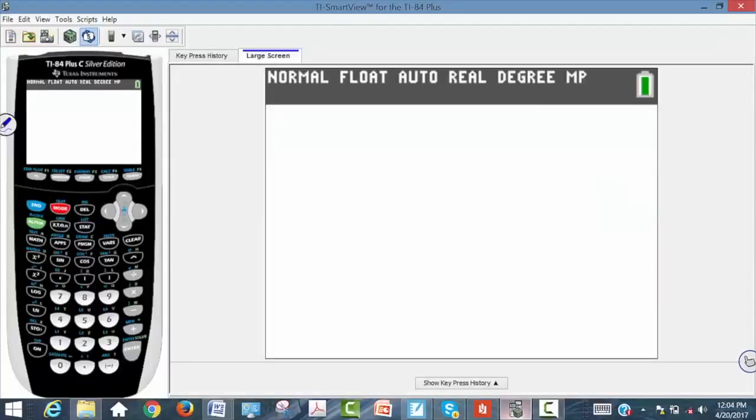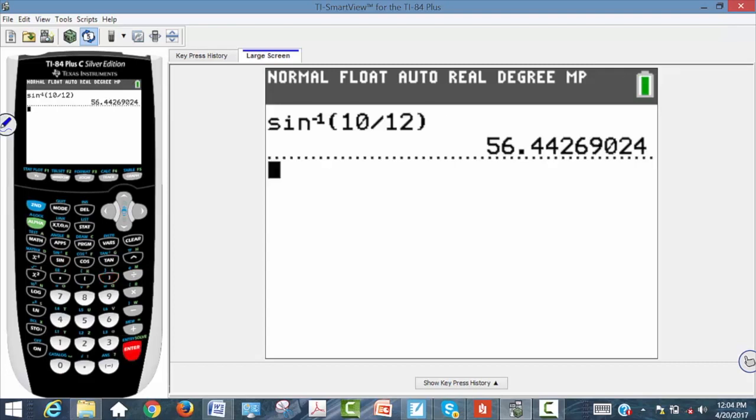Now remember, what I'm looking for is the inverse sine of 10/12, not the sine of 10/12. So I'll do inverse sine, 10/12, enter, and there's my angle. The angle that this ladder is making with the ground is roughly 56 degrees.